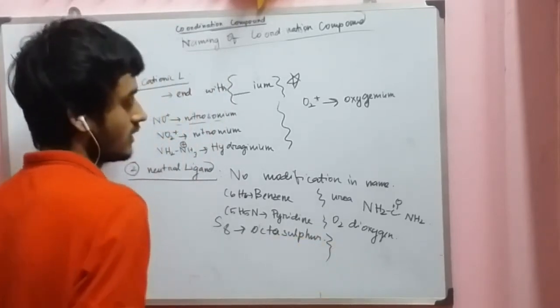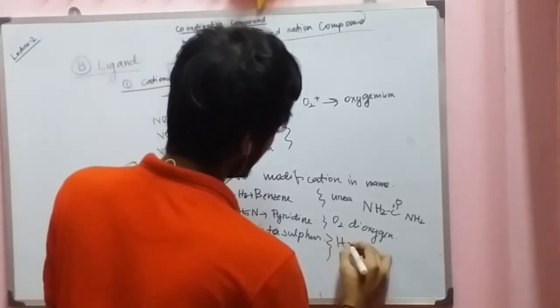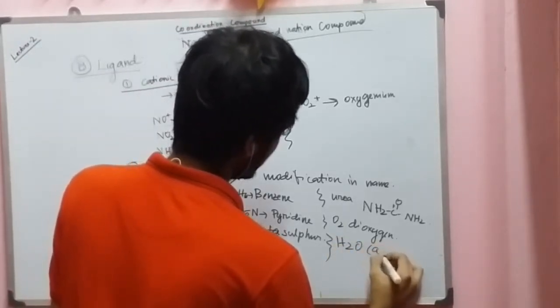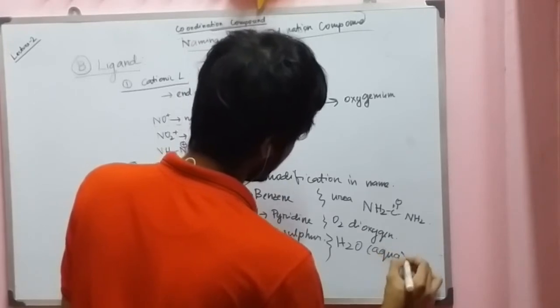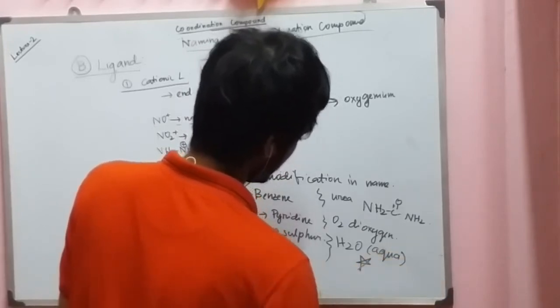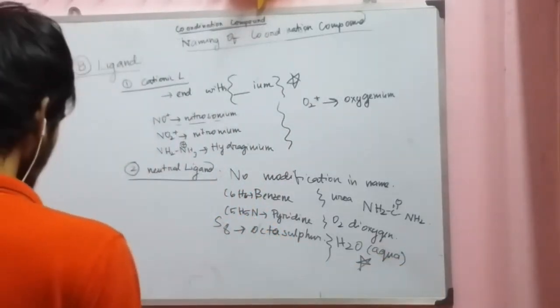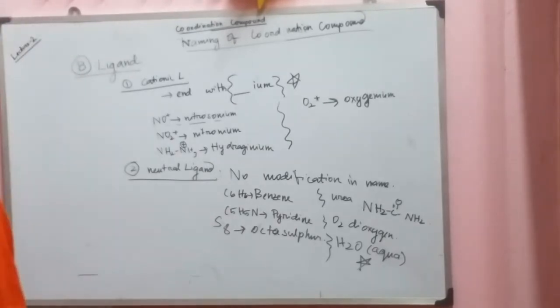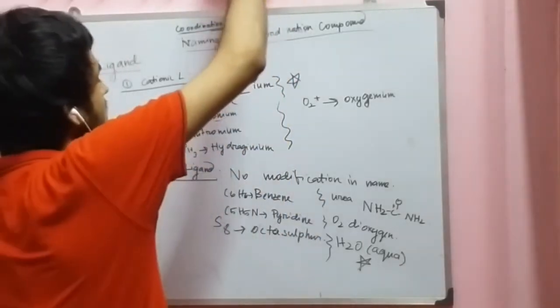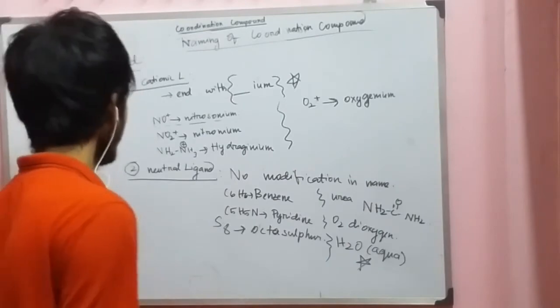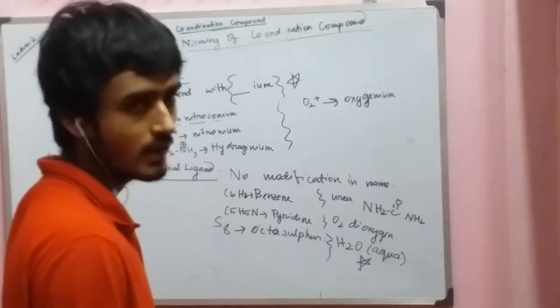And the next one is H2O. It is important, it is known as aqua. Okay, so these are neutral ligands. Note this down, I will be rubbing this, or take a screenshot. So much we have learned about cationic and neutral, and what remains is the anionic ligand.